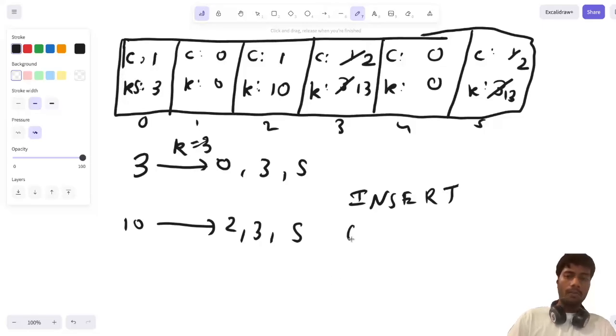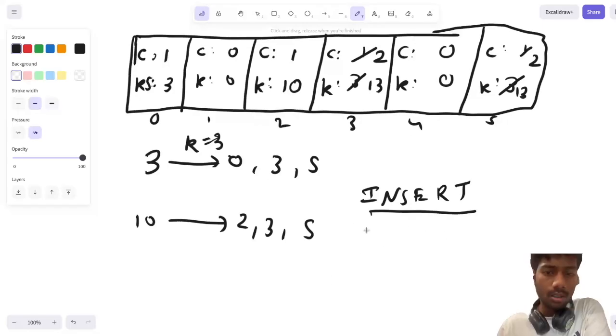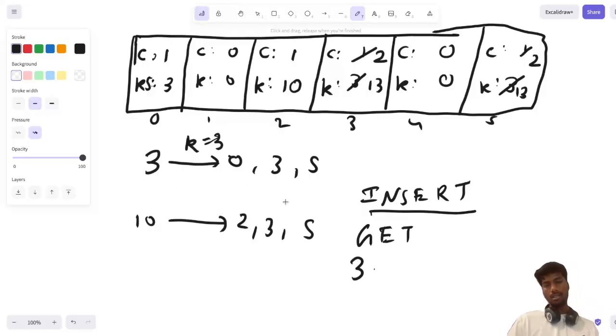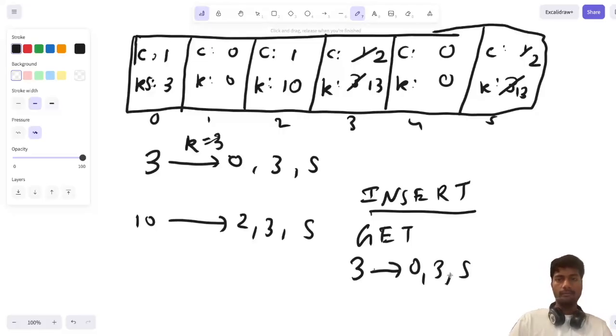And now how the get operation works is that, let's say we want to get 3, and since hashes are deterministic, they will produce the same output of indices, that is 0, 3 and 5.